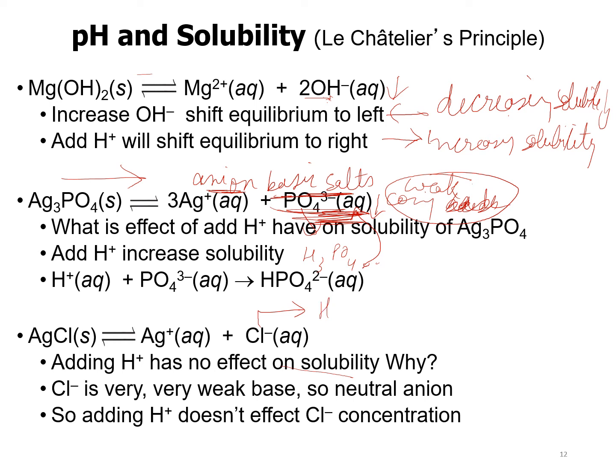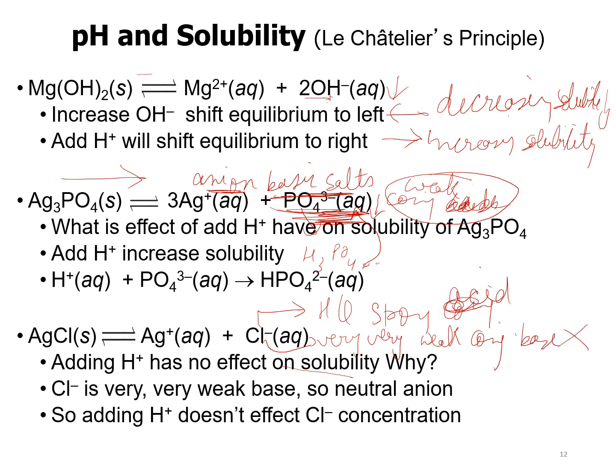It's coming from HCl, which is a strong acid, which makes this a very, very weak conjugate base, which means it is not going to react with the extra proton that we add from outside. Only the basic salts or the weaker components react. So this is very, very weak. It's not going to react, which means you can add as much proton as you want from outside.